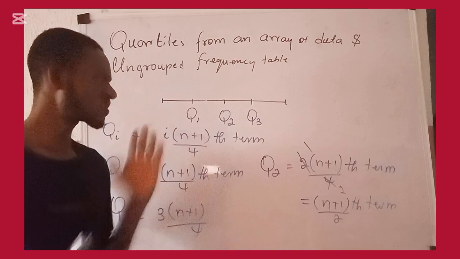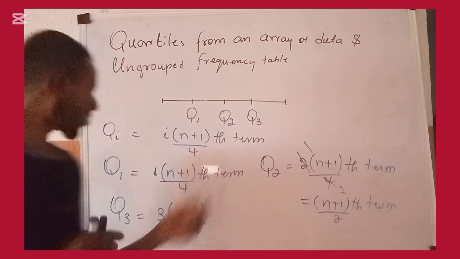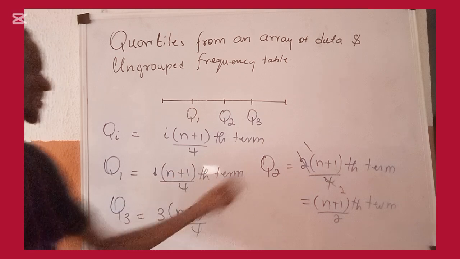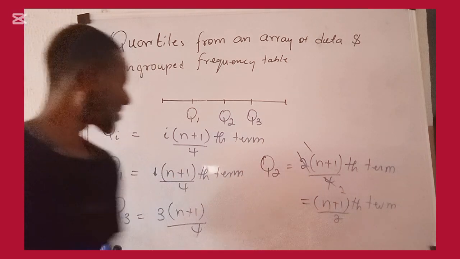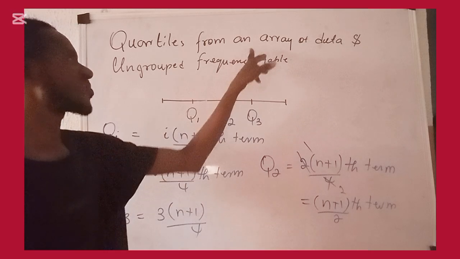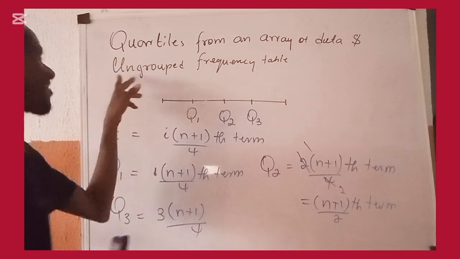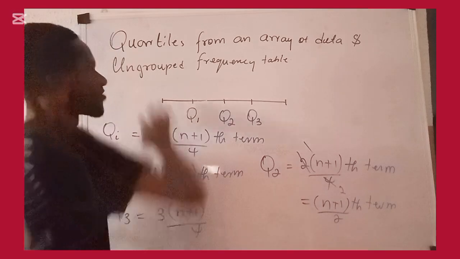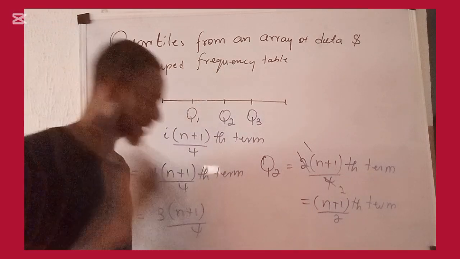No. When we want to talk about first quartile, we use this. When we want to talk about second quartile, we use this. And when we want to talk about third quartile, we use this, when we are discussing an array of data and when we are discussing an ungrouped frequency table. So permit me to clean the board while we take examples.